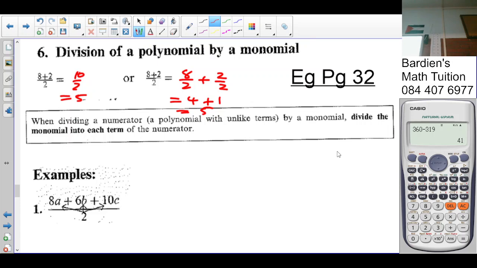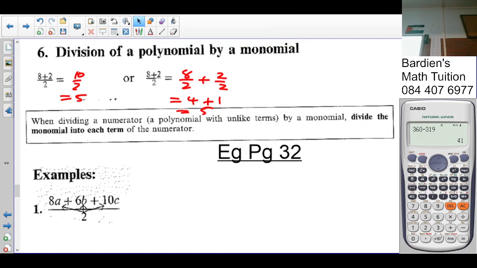Okay, so go again. The first term is a monomial. Two terms, binomial. Three terms, trinomial. 4 or more terms, polynomial. Okay. So when dividing a numerator, a polynomial with unlike terms, by a monomial, divide the monomial into each term of the numerator.